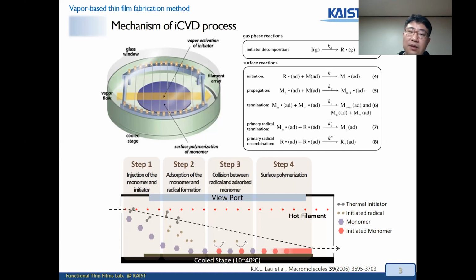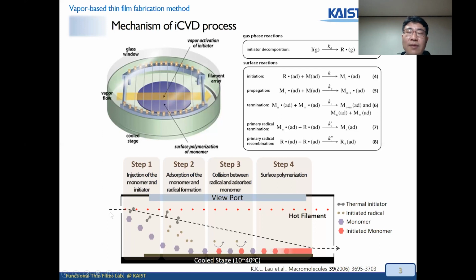So one decomposes at around 150 degrees C, and the other decomposes higher than 350 degrees C. If we supply heat with this hot filament at a temperature somewhere between, say 200 to 250 degrees C, then the initiator can be decomposed very selectively, while the functionality of the monomer will be fully retained.